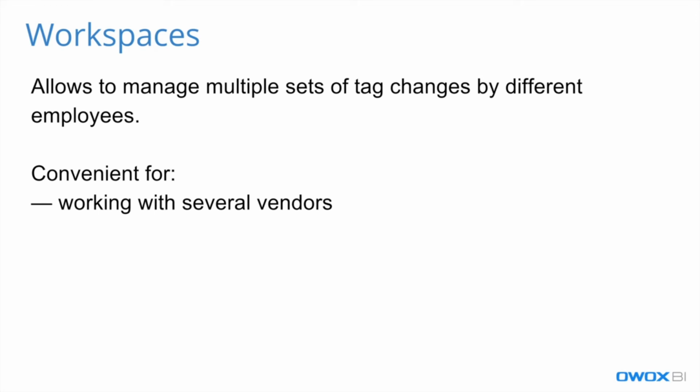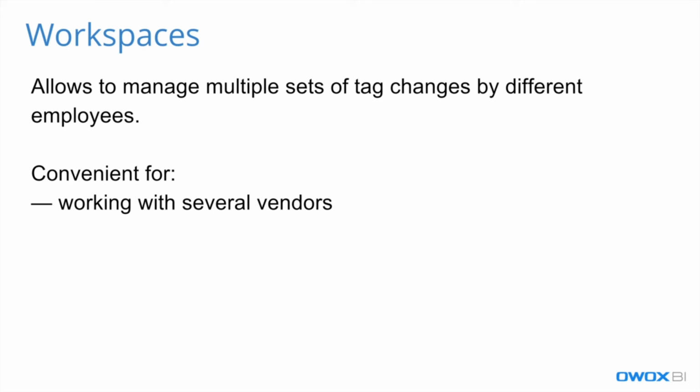So it could happen that they need to make changes to the same tag, or they need to work with the GTM at the same time, or several of your own employees need to work with the GTM environment at the same time. And there is a possibility that changes they make to the tags, to the list of variables, will interfere with each other.